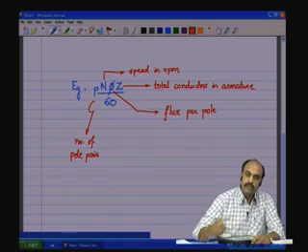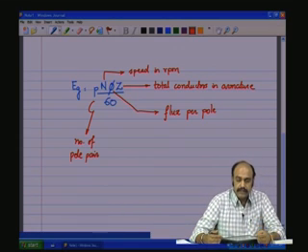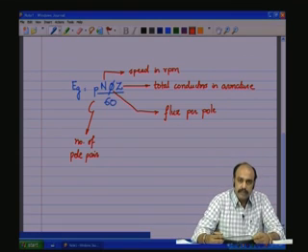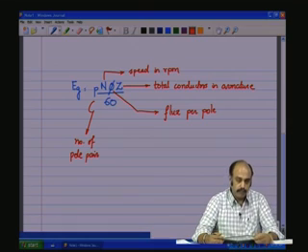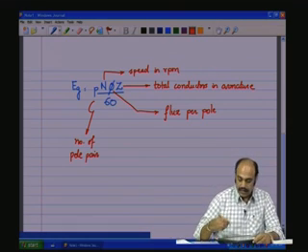So this would give you the induced EMF of a DC generator which has P pole pairs, where N is the speed of rotation, phi is the flux per pole, and Z is the total number of conductors in the armature.